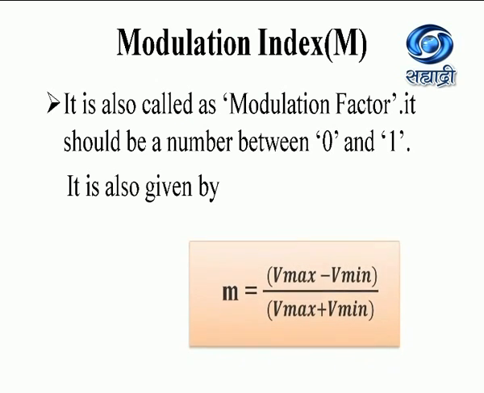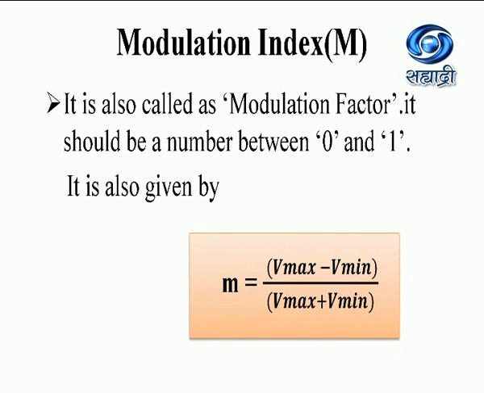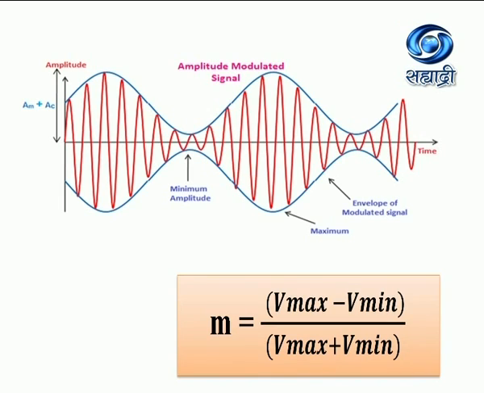It is also given by m is equal to V maximum minus V minimum divided by V maximum plus V minimum. This formula is used in practicals where AM circuits are experimented. This is the waveform of a practical experiment. This is the envelope of amplitude modulation, where the carrier signal is shown in red and the modulating signal is shown in blue.